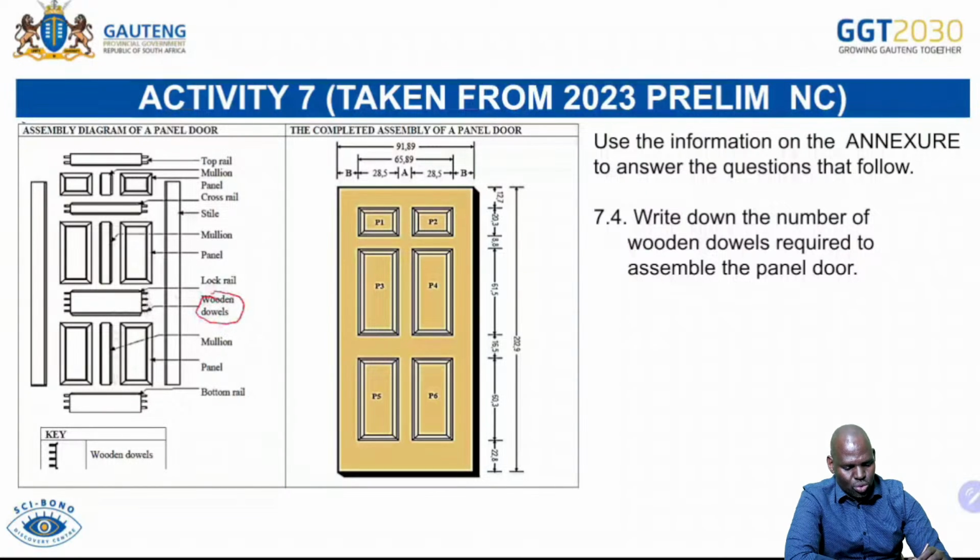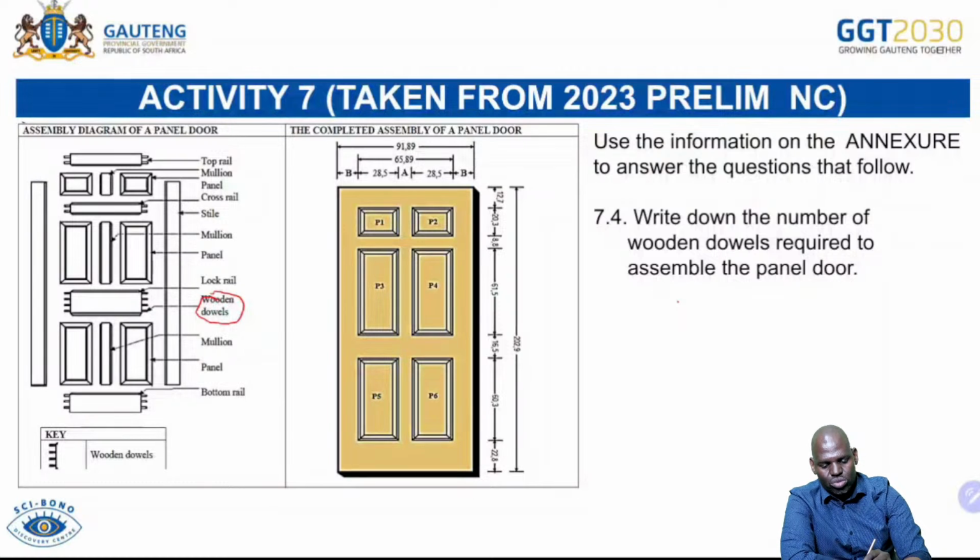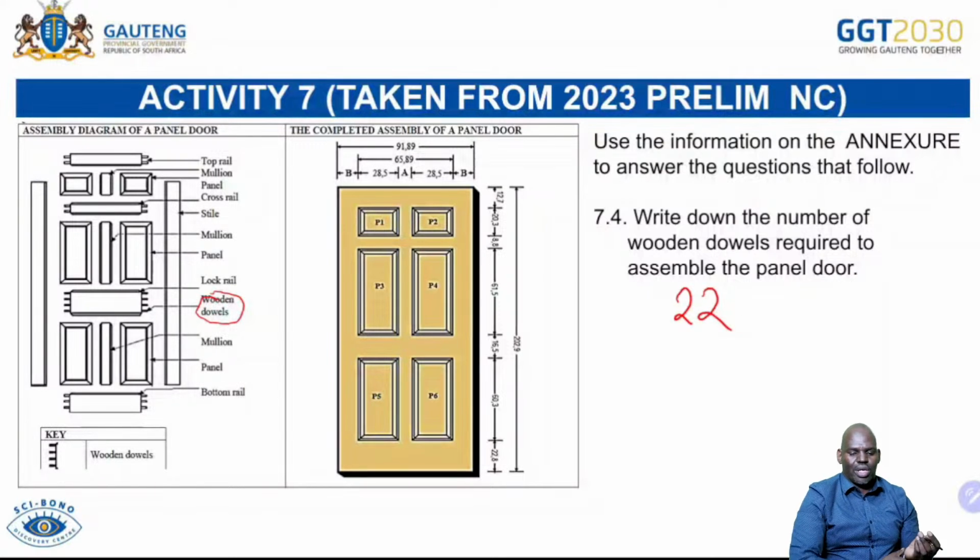There's 1, 2, 3, 4, 5, 6, 7, 8. But it's not only on this part. We've got 1 to 8, then 9, 10, 11, 12, 13, 14, and then 15, 16, 17, 18, 19, 20, 21, 22. So you can see there are dowels there, and all in all there are 22. That is number 7.4.